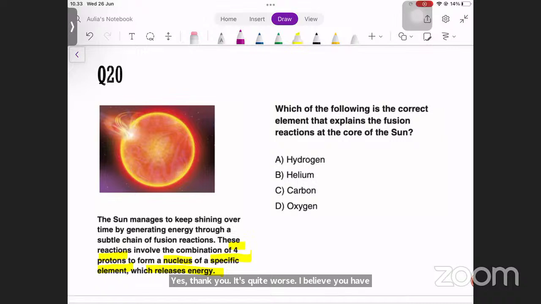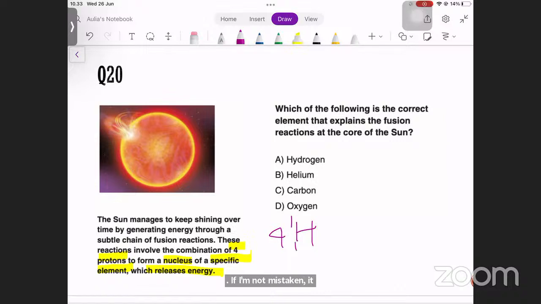Everyone, protons here means hydrogen. In fusion reaction, please remember that for hydrogens, if I'm not mistaken, it should be like this.